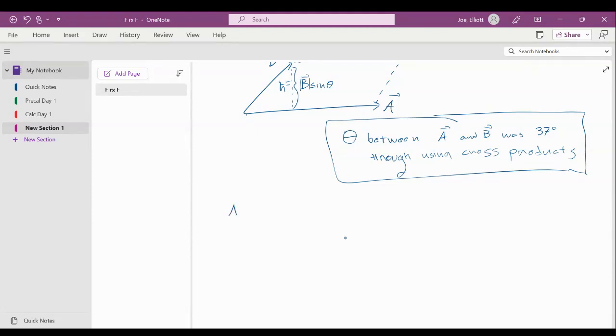So if you remember, we actually went through a proof for this one because it was simpler. A dot B equals A B cosine theta. And just to copy what we have down already, what is it?